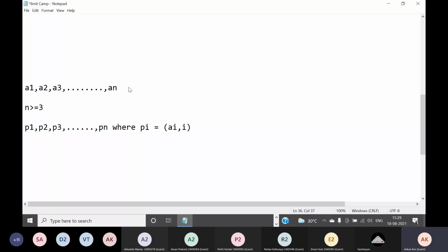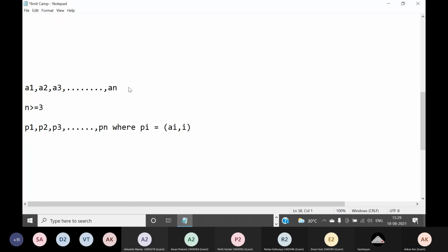Understood it, right? What does Pi denote? It's actually a tuple, x comma y, like in a coordinate plane.